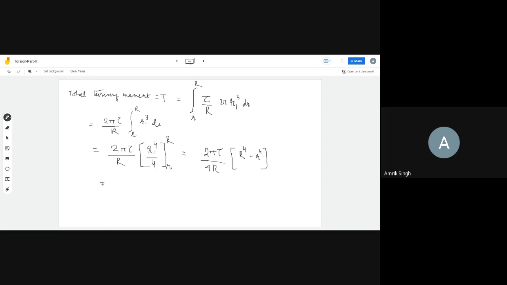Now in place of R you can keep R is equal to D by 2, and small r you can put as small d by 2.